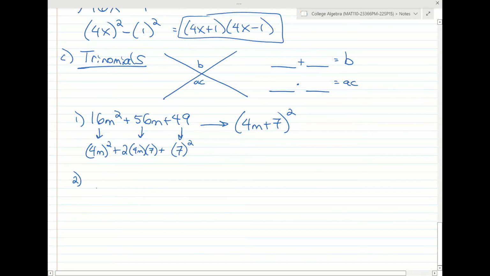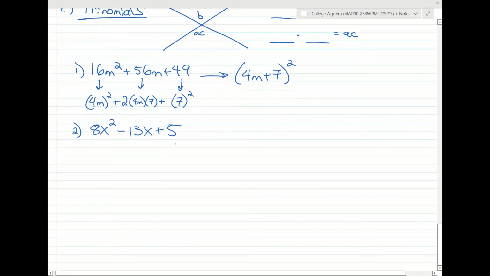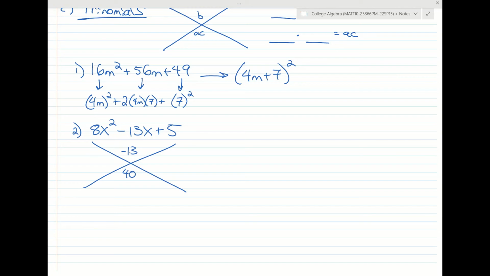What about 8x to the second minus 13x plus 5? This would be a good example where the first and the last numbers aren't perfect squares. So we could use the x technique. 8 times 5 is 40. Numbers that multiply to be 40 and add up to be negative 13 would be what? Ooh, that's a good one. Negative 8 and negative 5. Very good.